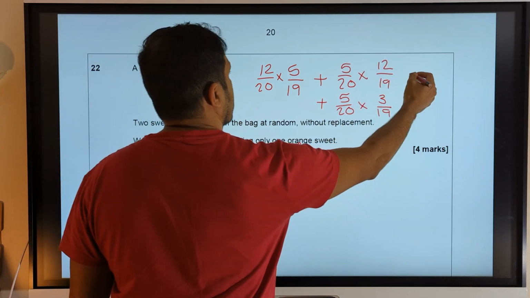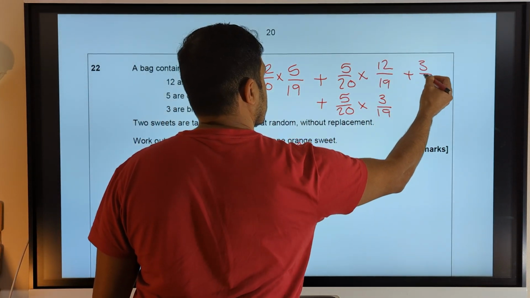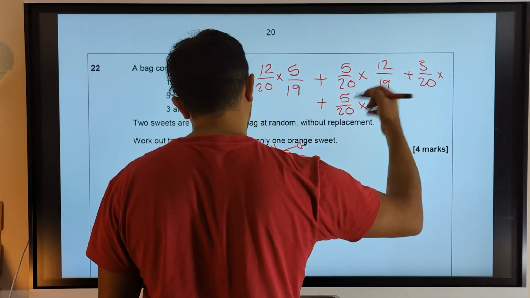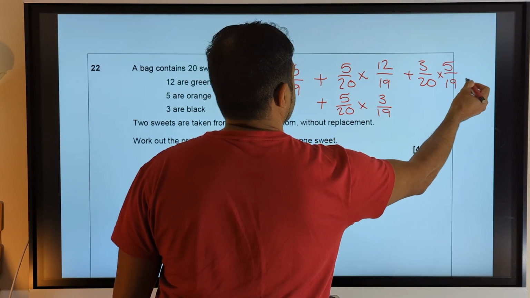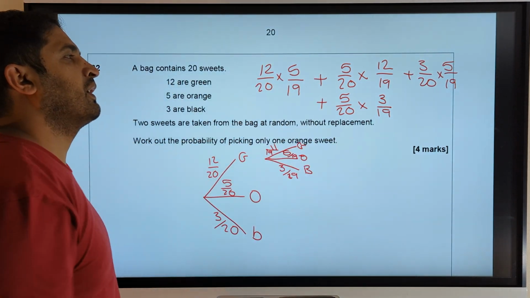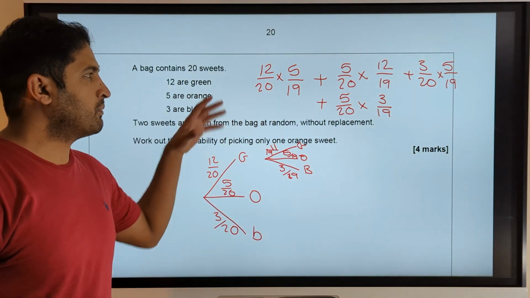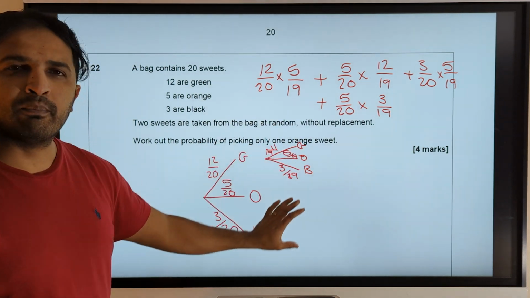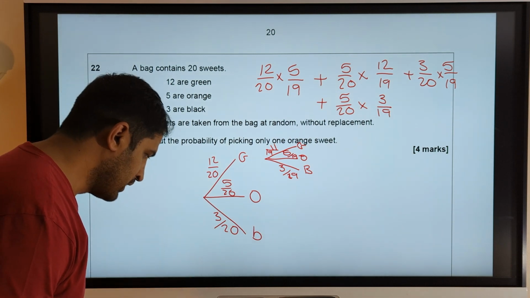Or you can pick the black one first, which is 3 20ths, multiplied by the orange, which you already should have 5 left over, which is 5 out of 19. So when you add those numbers up, that will give you the probability of picking only 1 orange without replacement. Obviously, if I had more space, I would have completed that tree diagram.